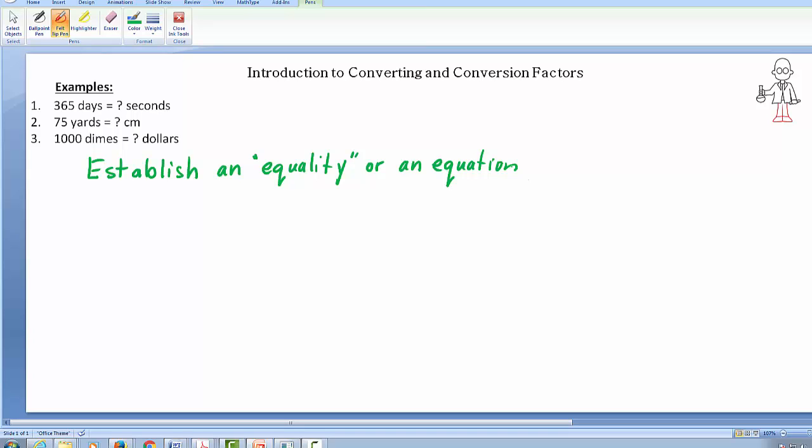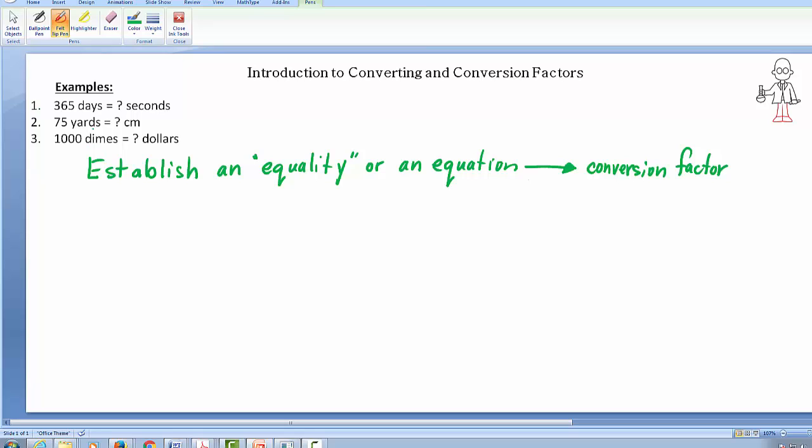So if we know the equivalency between two units, we can establish this equality or equation, and this will give us our conversion factor. So I'm going to do these three examples, and from these three examples you should be able to, after this, do any type of conversion as long as you know the relationship between the units.